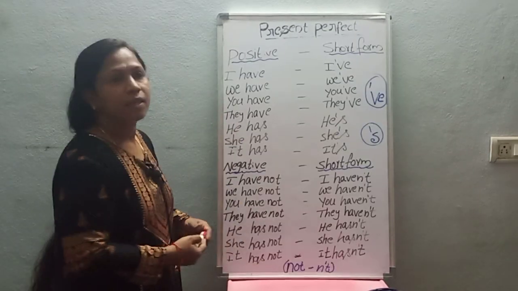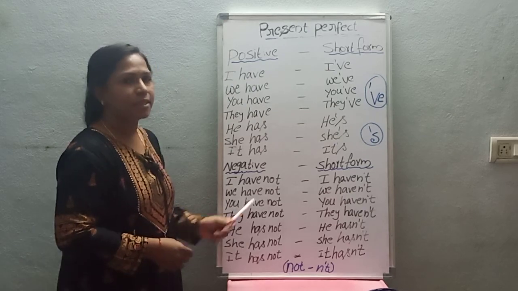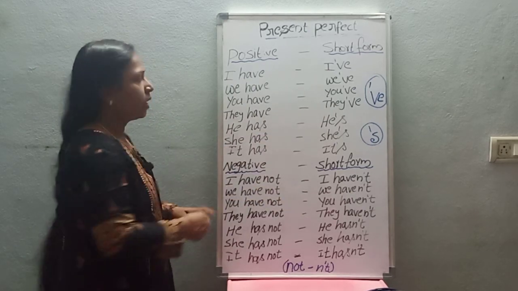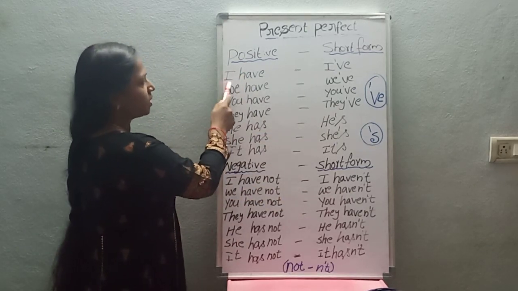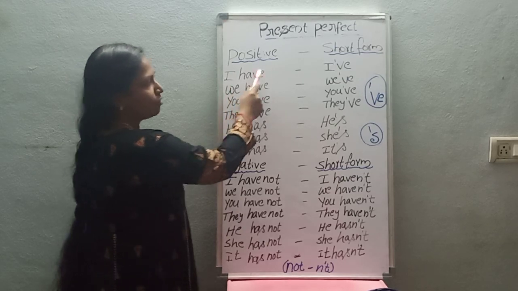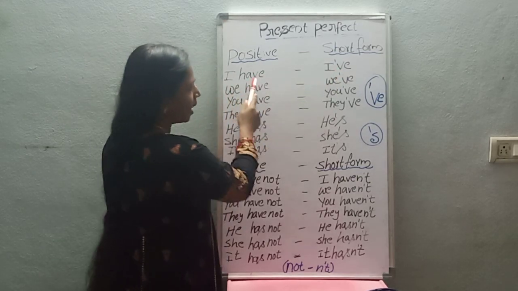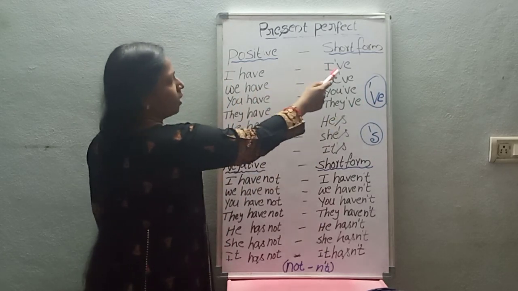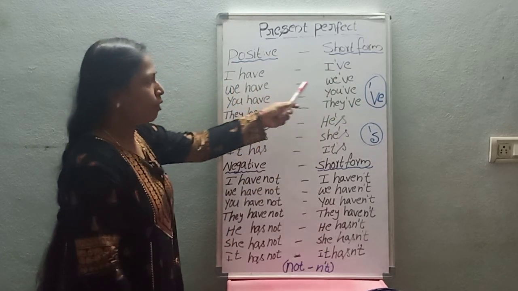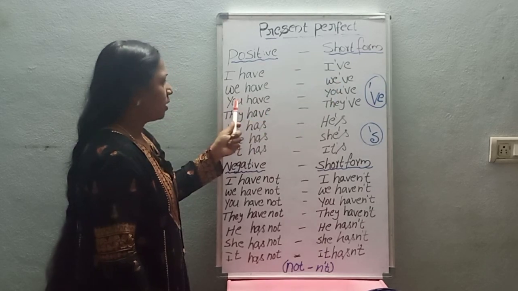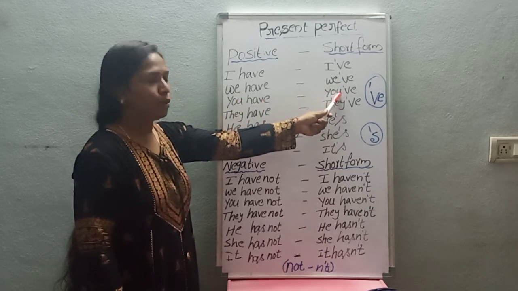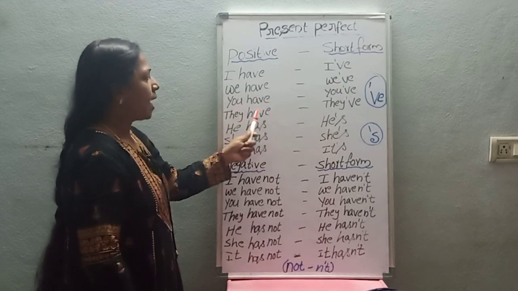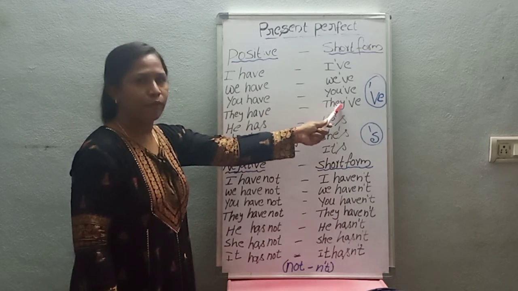Here you can see the positive and negative sentences and their short forms. In positive sentences, the sentence is I have. Have becomes I've. I have, I've. We have, we've. You have, you've. They have, they've.